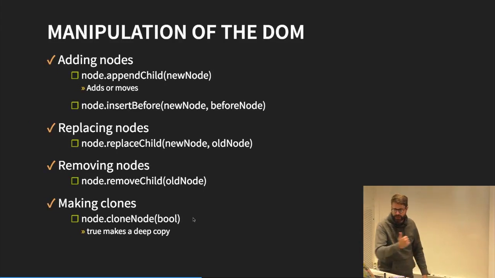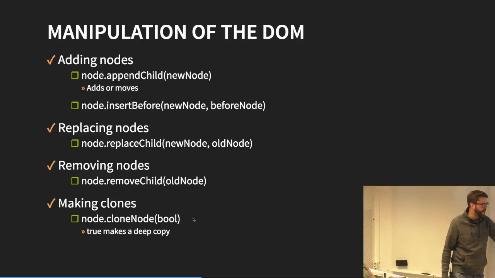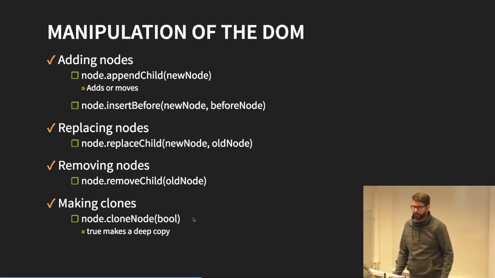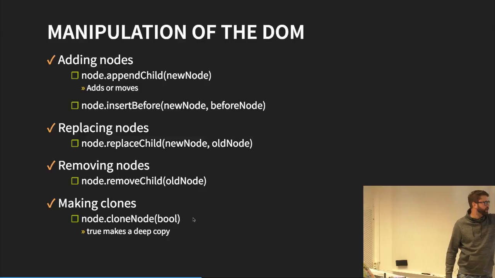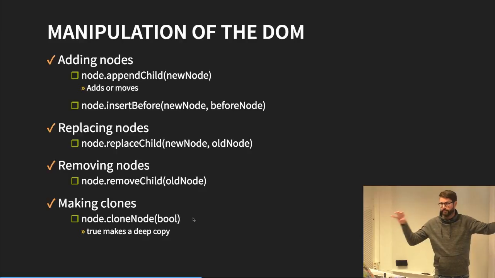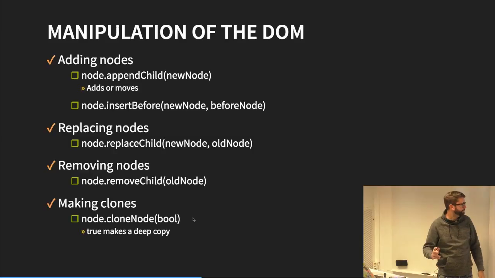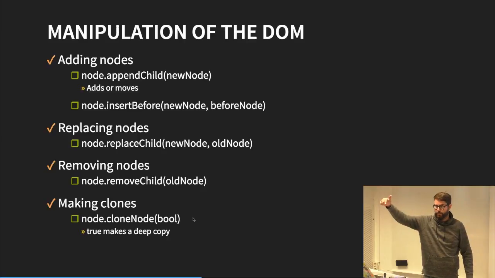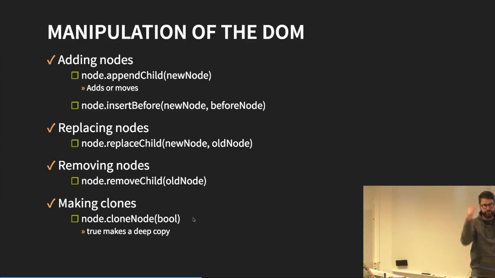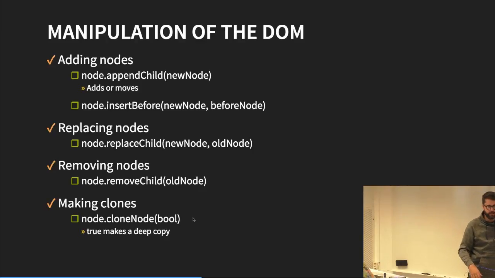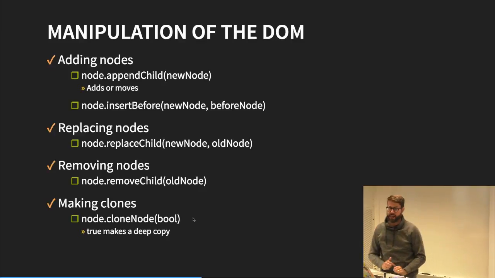Manipulation of the DOM. You can add nodes, and you use the API called appendChild. So if you have a node and you append a child to the node, the new node will become a child of this node, and it will be appended at the end of the list. If the new node is present in another place in the DOM, it will be removed from that place and moved, because a node cannot be in two places at the same time in a DOM structure.